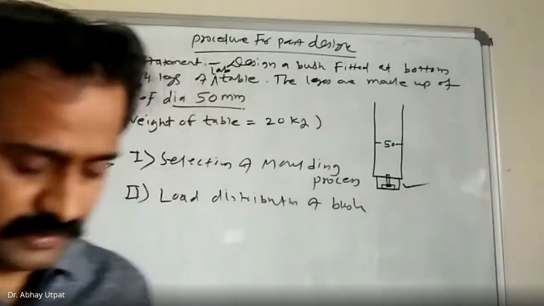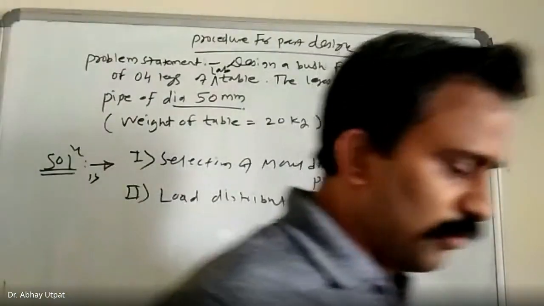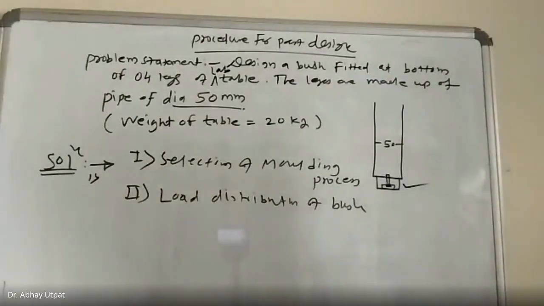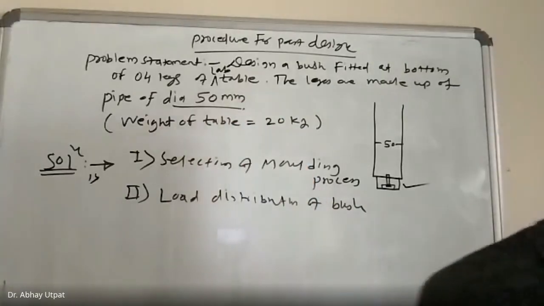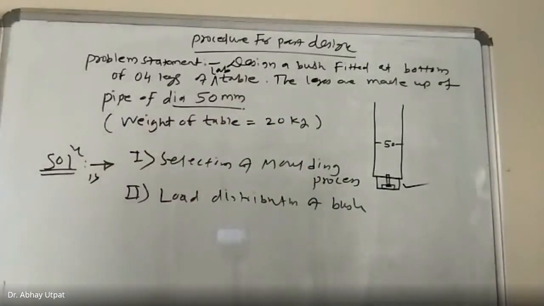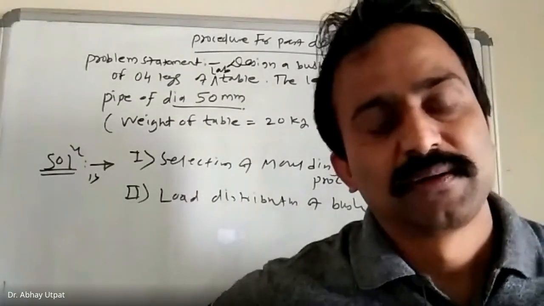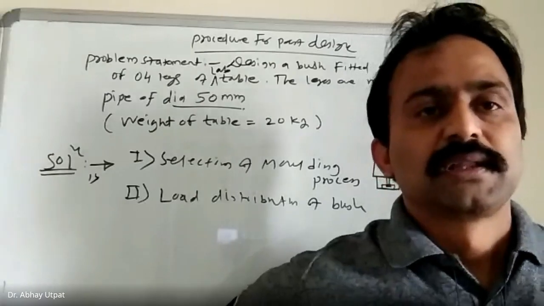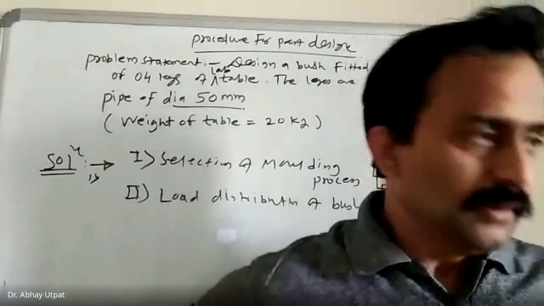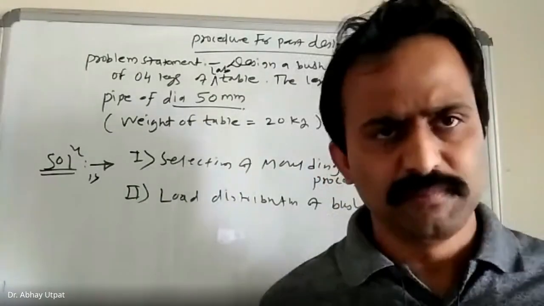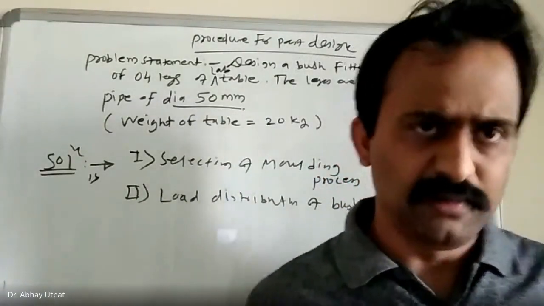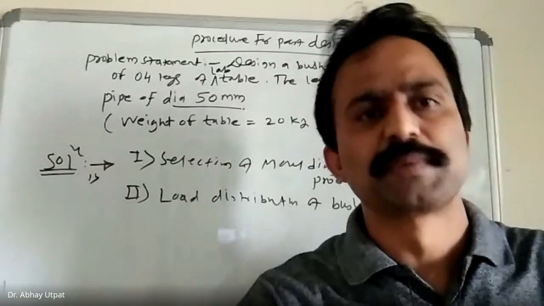Write the statement: Weight of table is 20 kg as given in the problem. See, it is given. And let us assume 30 kg weight, so we are taking maximum. Some machine may be there on the table. In some laboratory, I have seen some big machines are kept.